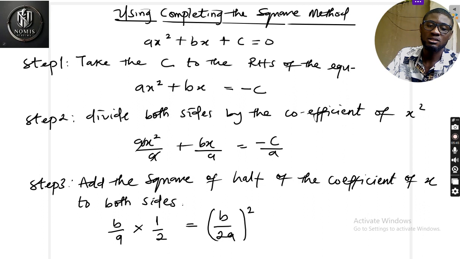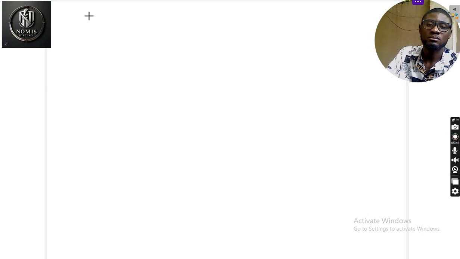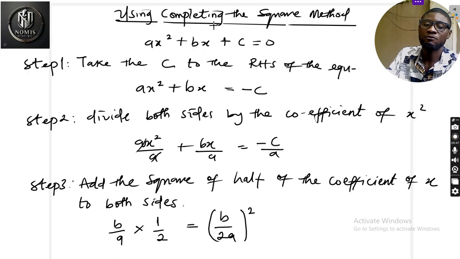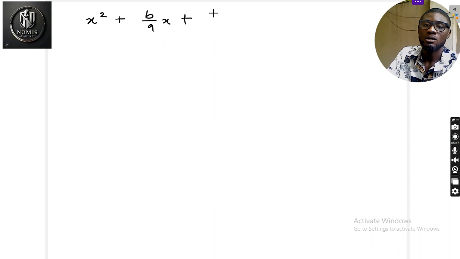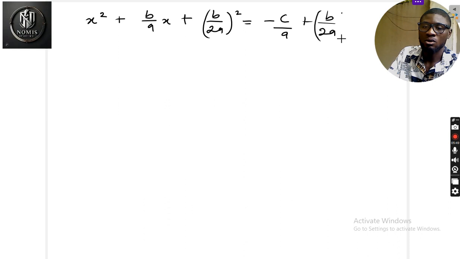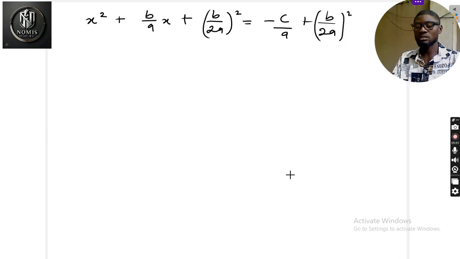So this becomes x squared plus b all over a x plus b all over 2a all squared equal to minus c all over a plus b all over 2a all squared. So we can see that we have added the square of the half to both sides.